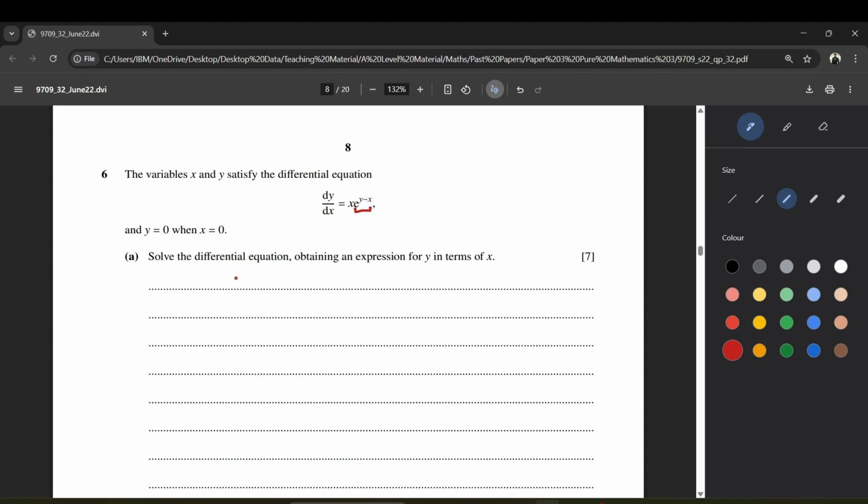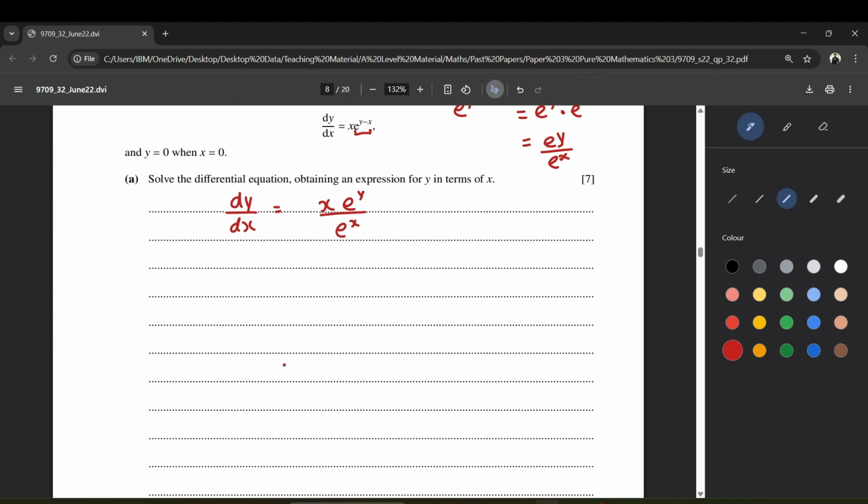So first I have to split this expression: dy/dx equals x times e to the power y minus x, which basically means e to the power y times e to the power minus x, because the powers are added. So e to the power minus x is 1 upon e to the power of x, and that's what we can write over here.